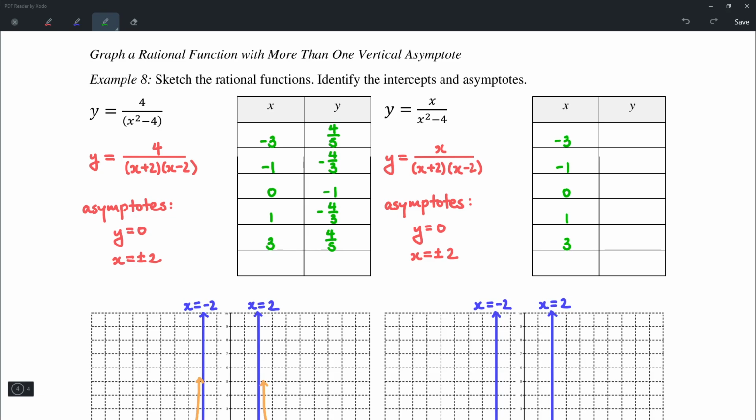In this case, we get -3/5, 1/3, 0, -1/3, and 3/5. Okay. We can go ahead and plot those.